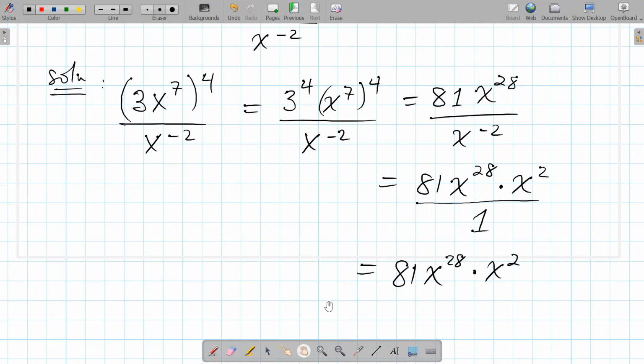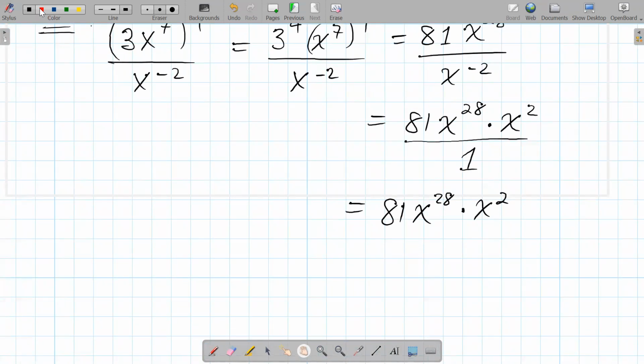Now, if you look at this carefully, these two here, we can use the product rule to find your result or combine them. So 81 is going to stay.